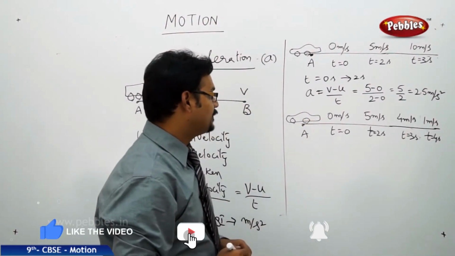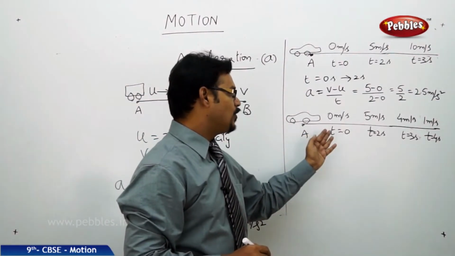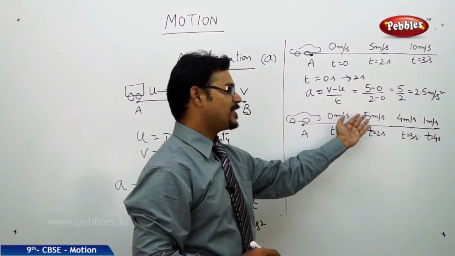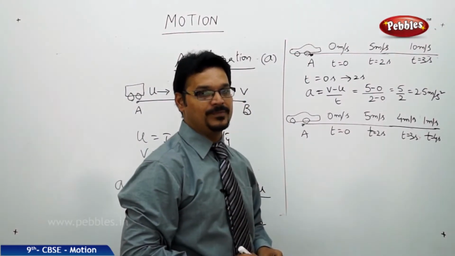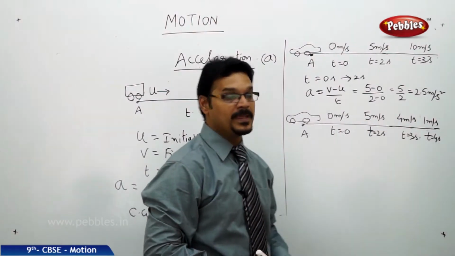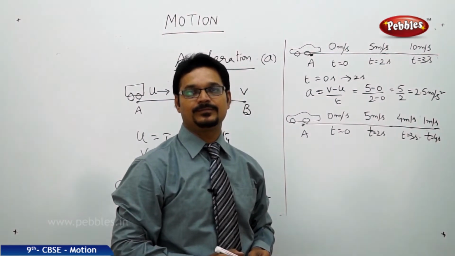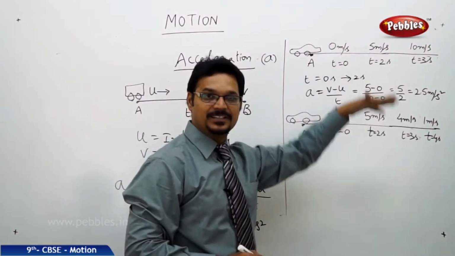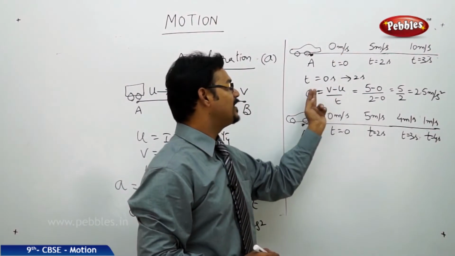See the car here? In the second diagram, at t equal to 0, 2 seconds, 3 seconds, 4 seconds, the speeds are 0 meters per second, 5 meters per second, 4 meters per second, 1 meter per second. So what has happened in the second diagram? Speed is decreasing: 0, 5, 4, 1. In the first diagram, speed is increasing. When the speed is increasing, we can say the car is accelerating.